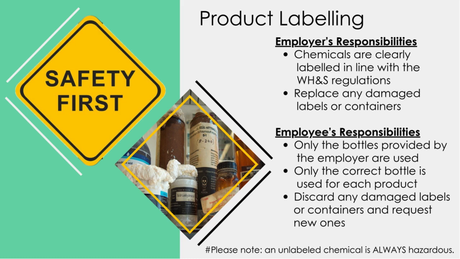The employee's responsibilities are to ensure that only the bottles provided by the employer are being used. Only the correct bottle is being used for the specified product on the label. And to discard any damaged labels or containers and ensure that a request for new ones is put through. Please remember, any unlabeled chemical is always hazardous.